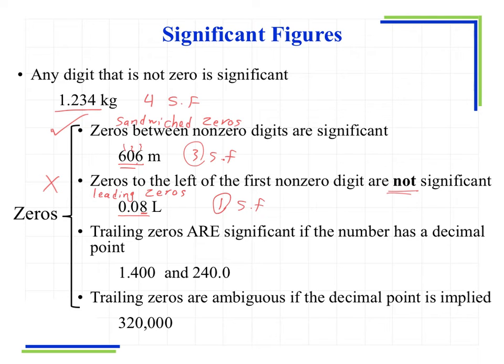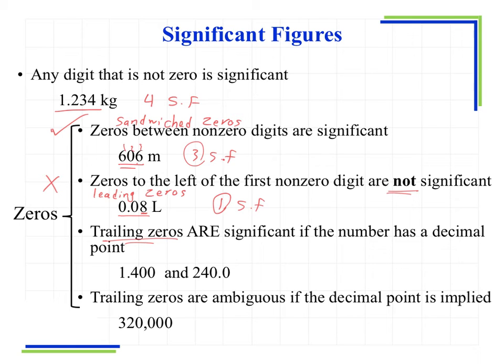Okay, the last type of zeros are called trailing zeros. Trailing zeros are zeros that come after a non-zero digit. Are trailing zeros counted as significant figures or not? Well, it depends. If you have a decimal point anywhere in the number, the trailing zeros are counted as significant figures.